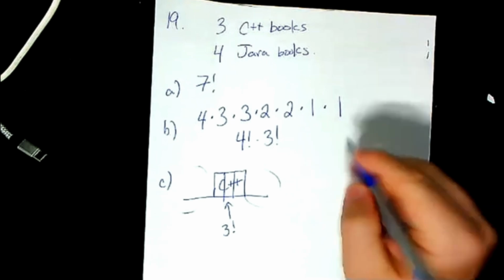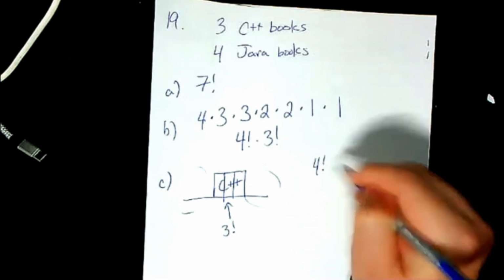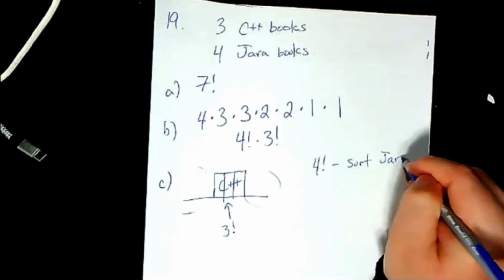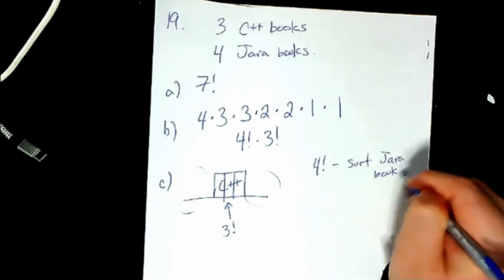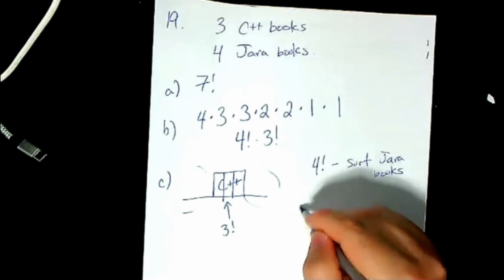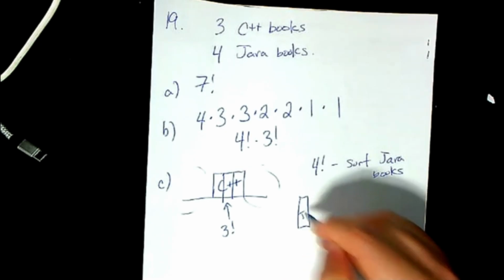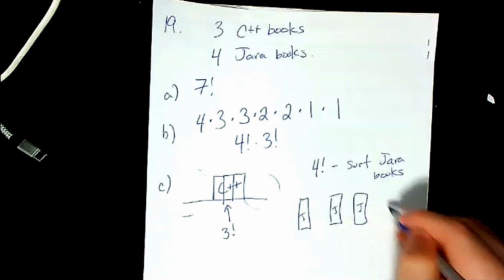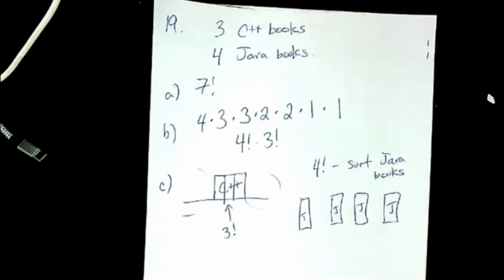And so that's probably what I would do: I would put 4 factorial to sort the Java books in any way I want. And so what I get there is Java, Java, Java, Java. And what I've got is I've got to choose somewhere to put the C++ books.